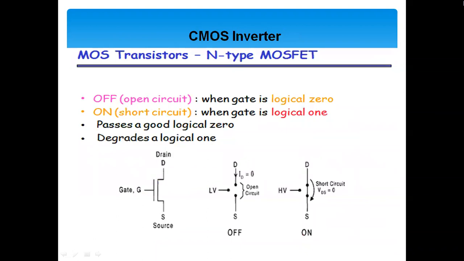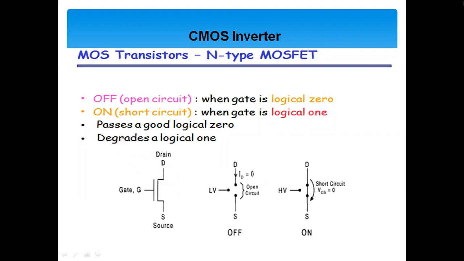Now the next point of our discussion is the CMOS inverter. We have studied the MOS transistor, and now you are clear with the NMOS and PMOS. Now what is a CMOS inverter? As you know, NMOS is known as a normally off transistor, and PMOS is known as a normally on transistor.